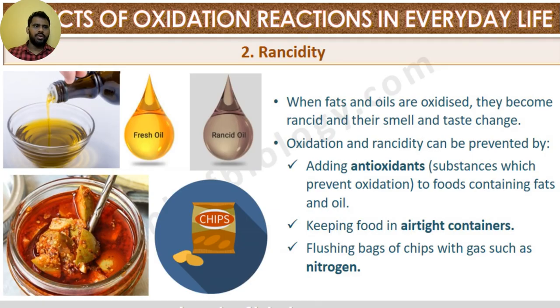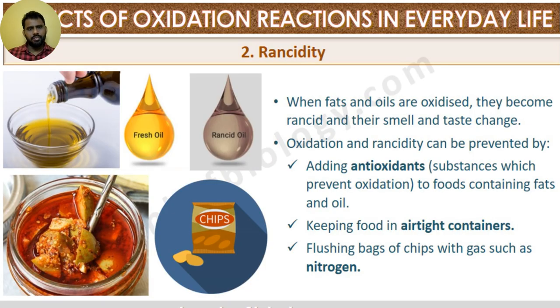Later in part 2, we discussed the different types of chemical reactions. We started with combination reaction, then we discussed decomposition reaction. In part 3, we started our discussion with displacement reaction, double displacement reaction, the difference between the two, and some examples.